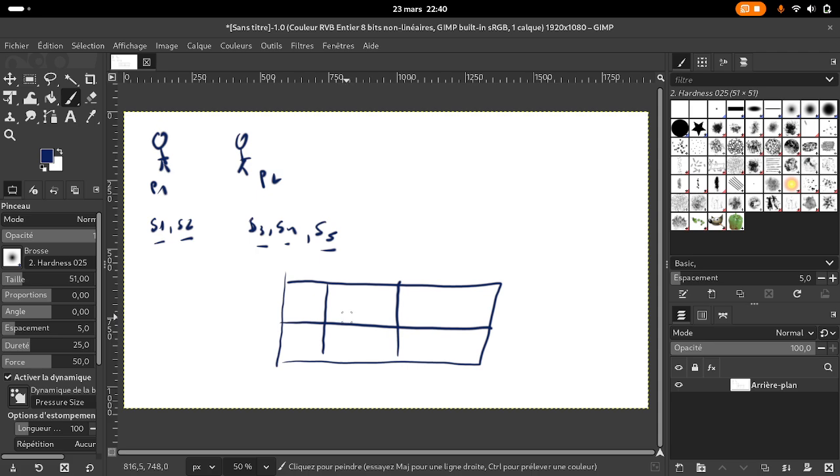And we will label each row with player 1 strategies.